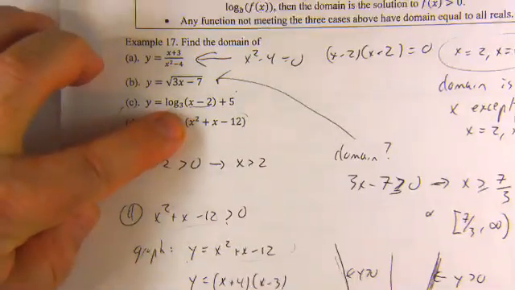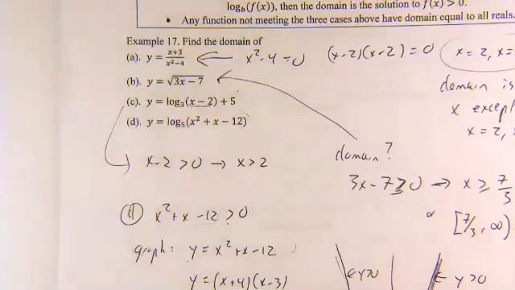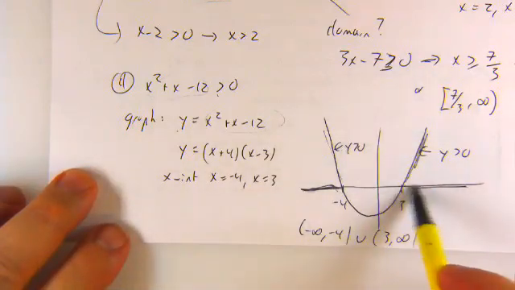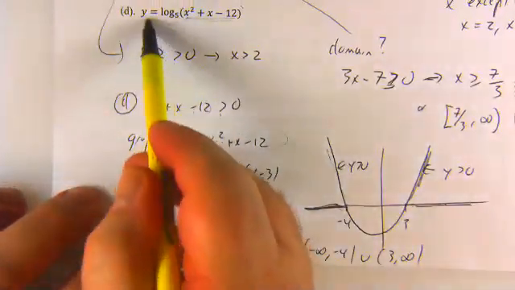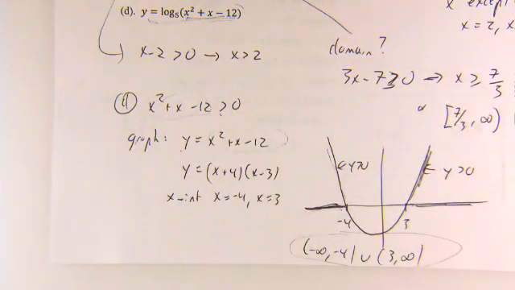So if you have something a little bit more complicated than a nice linear function that's easy to solve, graph it, figure out where the graph is above the x-axis, and find the corresponding x's of the domain that you want. So the domain of this function is minus infinity to minus 4, union 3 to infinity.